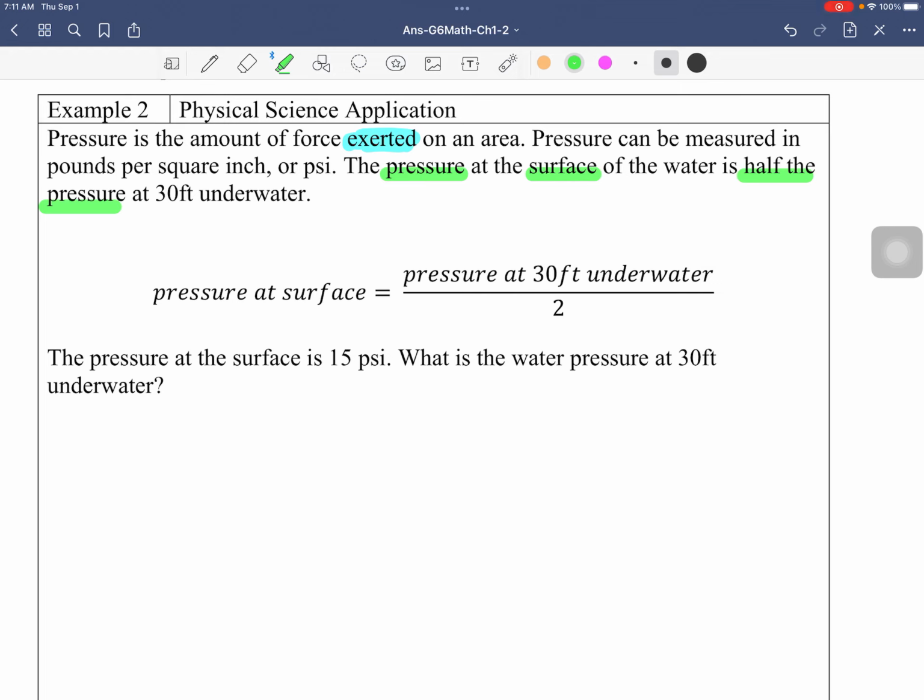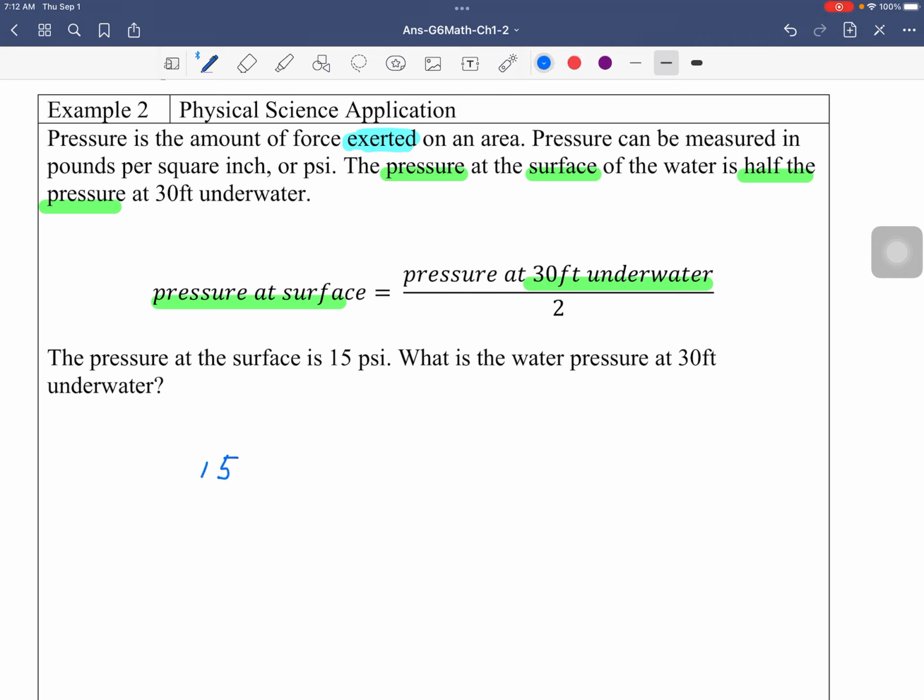So every 30 feet, the pressure will double. Now the pressure at the surface is 15.